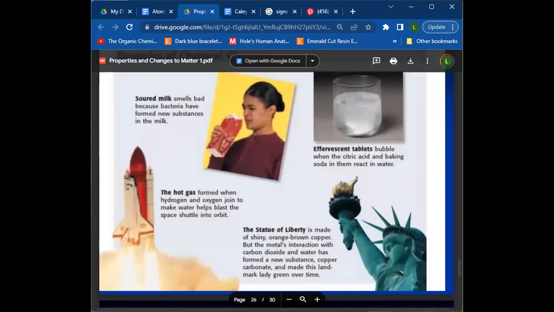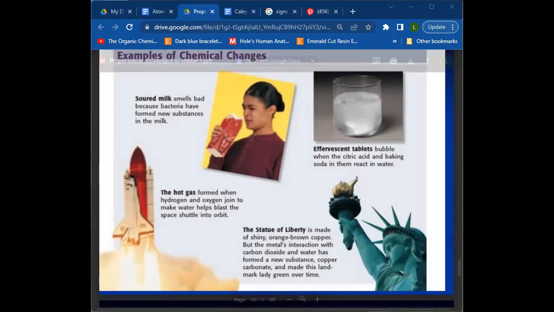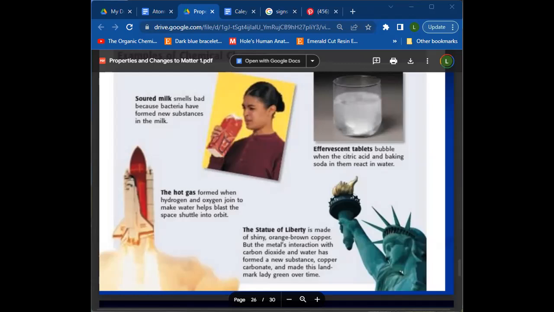The reason why is because the Statue of Liberty is made up of copper, and copper is supposed to be orange. So why is the Statue of Liberty green? Because the copper has chemically reacted with the air over time and it has formed a new substance called copper carbonate.